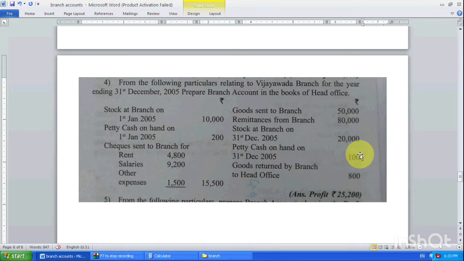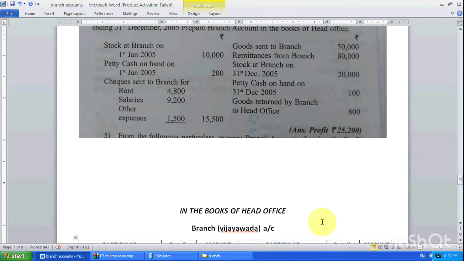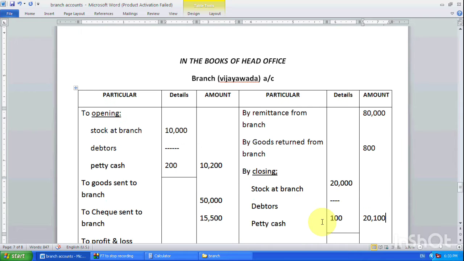Is there anything left? No, we have completed all the entries.